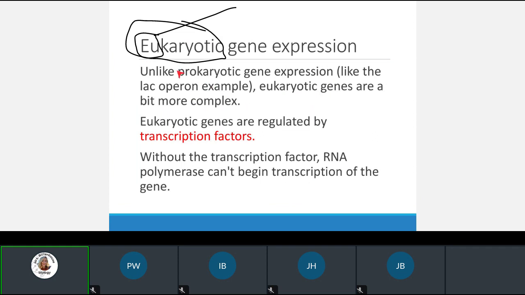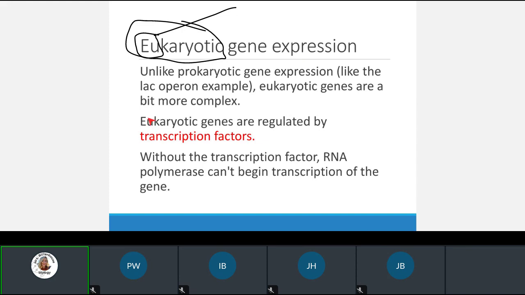So eukaryotic genes, cells with a true nucleus, are a little bit more complex. All right. So there are those little bacteria that are in our intestines. We all have bacteria in our intestines. They're good guys, not bad guys. They help us digest our food. All right. So our cells are a little bit different than those little bacteria cells.